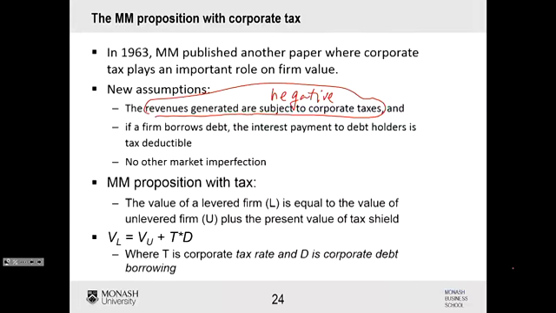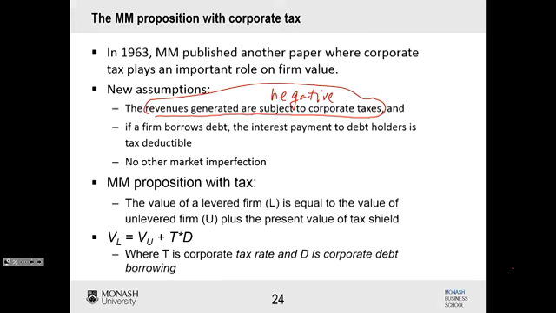And as an entrepreneur, we don't like that. But the counter effect is, because the government is going to tax me, I try to pay as little tax to the government as possible, right? How can I do that? I borrow.